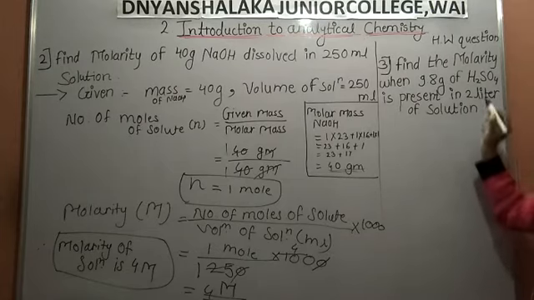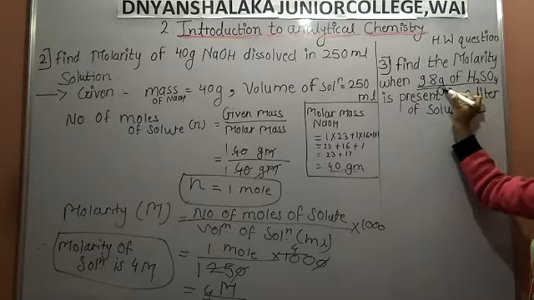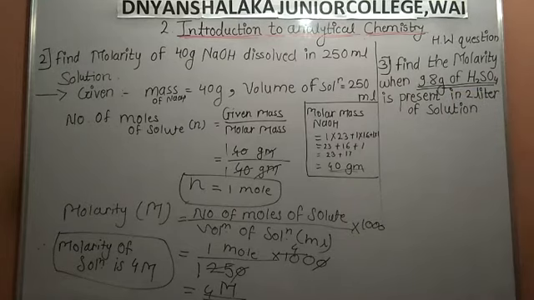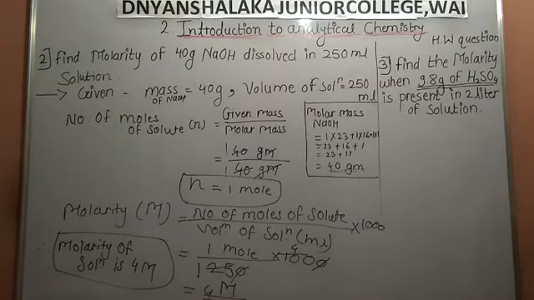In this example, we are given 9.8 gram of H2SO4, which is the given mass of the substance. First we calculate the molar mass of H2SO4, and we get 98 gram.